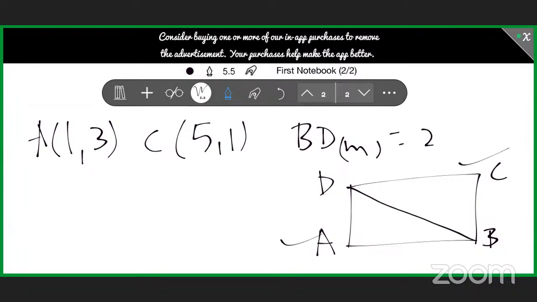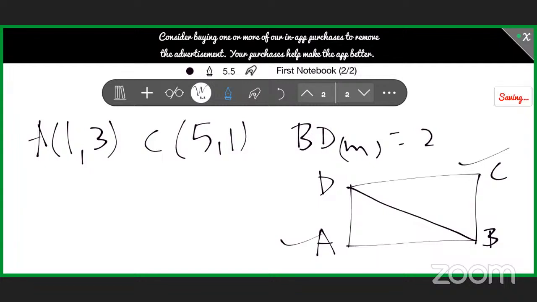When we speak of a rectangle, we know that the diagonals of a rectangle cut it into two right angle triangles. The diagonals of a rectangle bisect each other.